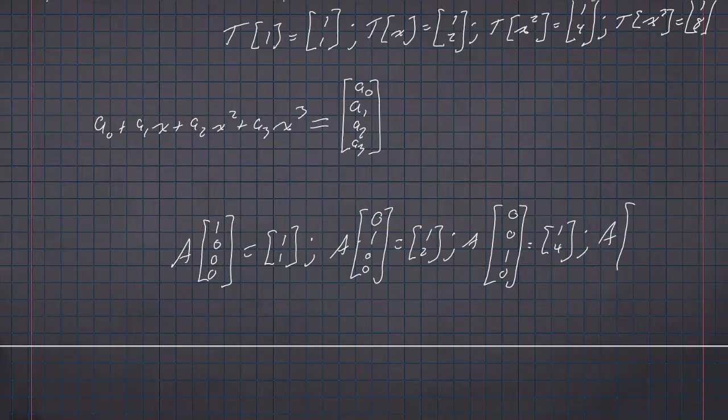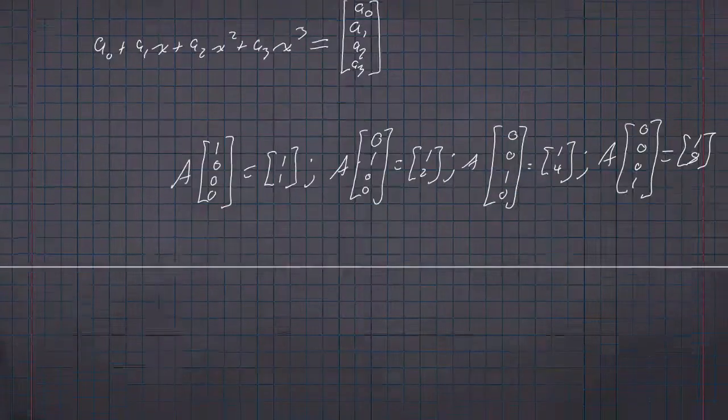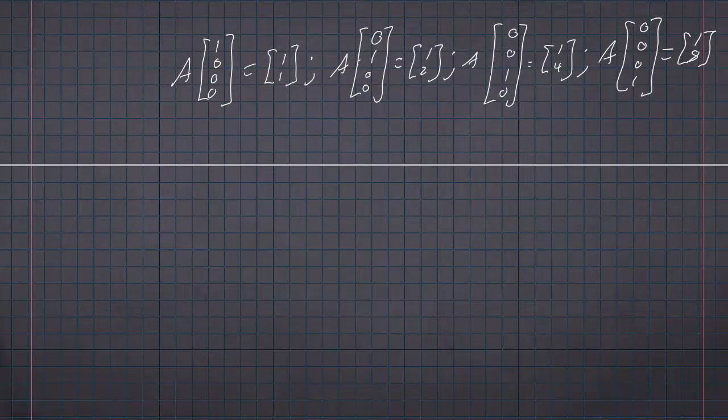And A acting on (0, 0, 0, 1) needs to map to (1, 8). And as we've seen before, given the action on the basis of a linear transformation between Euclidean vectors, we can write the matrix. It's just going to take these results as its columns. A is going to be the matrix with rows 1, 1, 1, 1 and 1, 2, 4, 8.